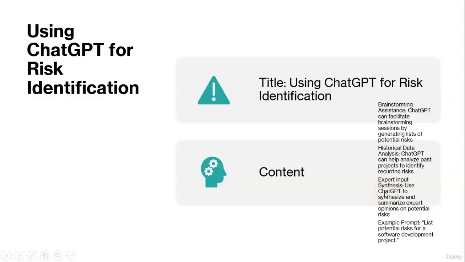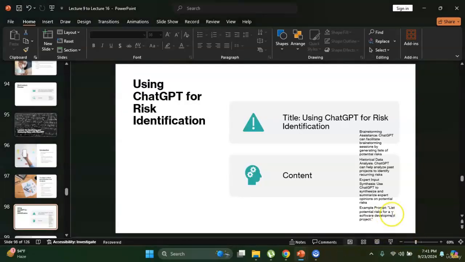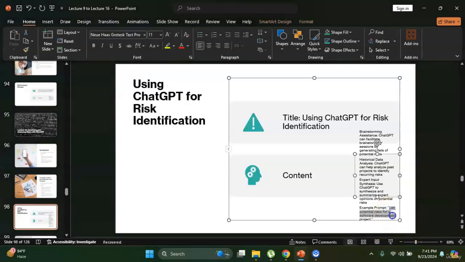ChatGPT can also synthesize and summarize expert opinions on potential risks, making it easier to incorporate specialized knowledge into your risk management process. So let's go to the ChatGPT window, and we are taking this prompt so that we can get some good ideas.